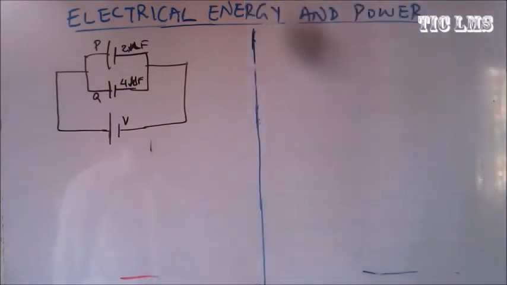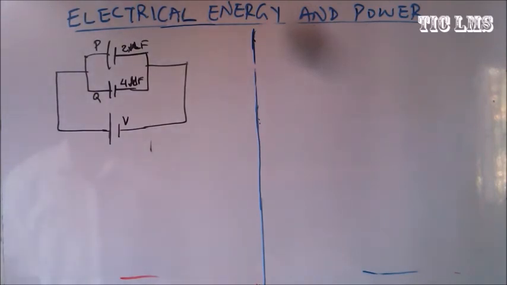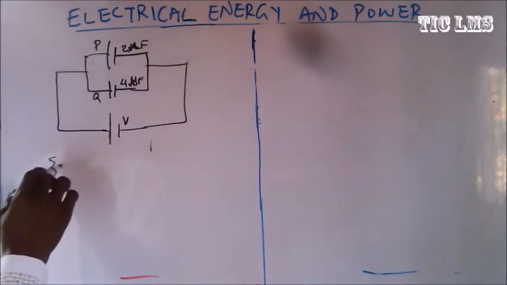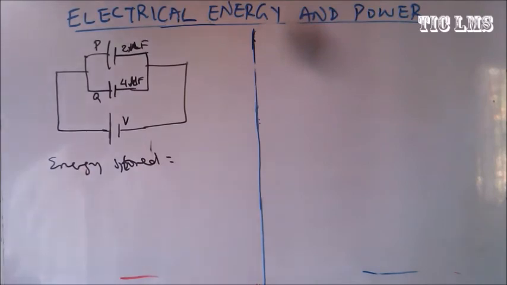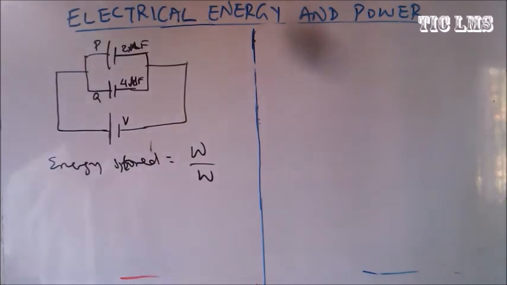This is as simple as taking the ratio. The major values we are given are 2 microfarad and 4 microfarad. So the energy stored is the work done by P over the work done by Q.